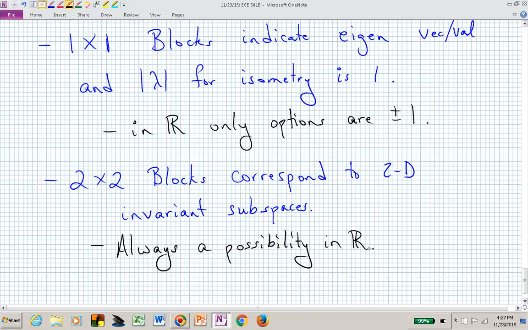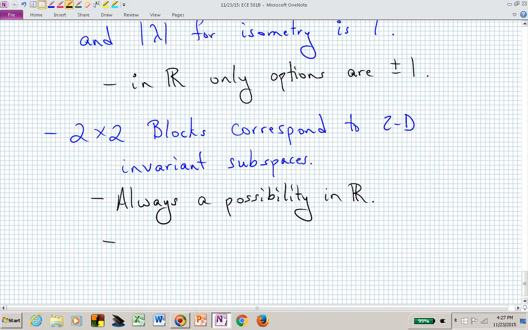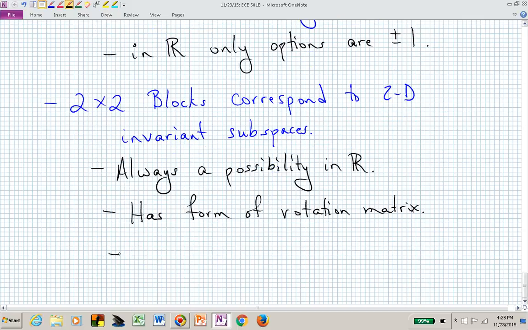That's always a possibility when we're dealing with real inner product spaces. And that block now has the form of a rotation matrix, which really says that then this isometry is still in play.